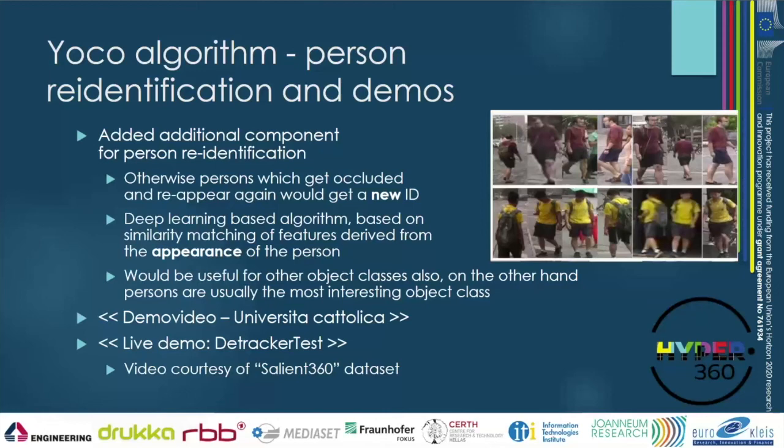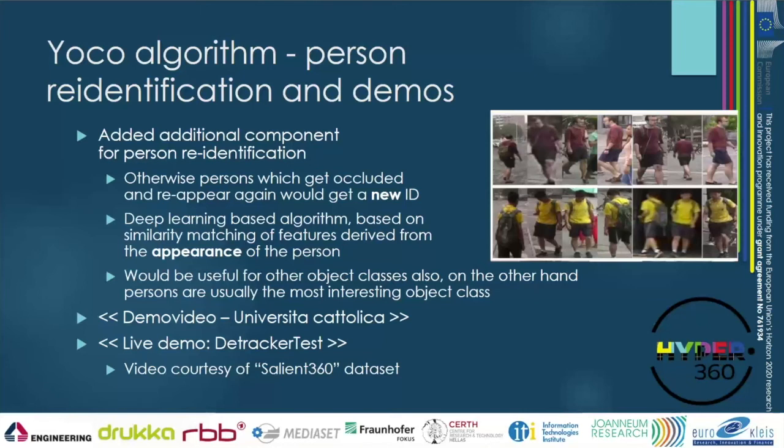So to this algorithm, we added later also a separate person re-identification component. The problem here is, without this re-identification step, when you have persons which are getting occluded and they reappear later again, these persons would get a new ID, so they would be handled as a different person. And that's not good, for example, for annotation.